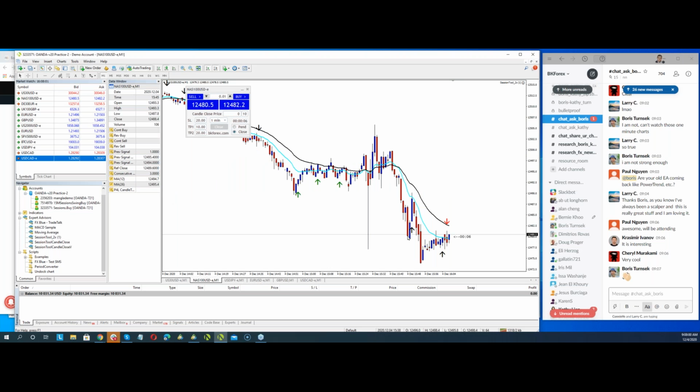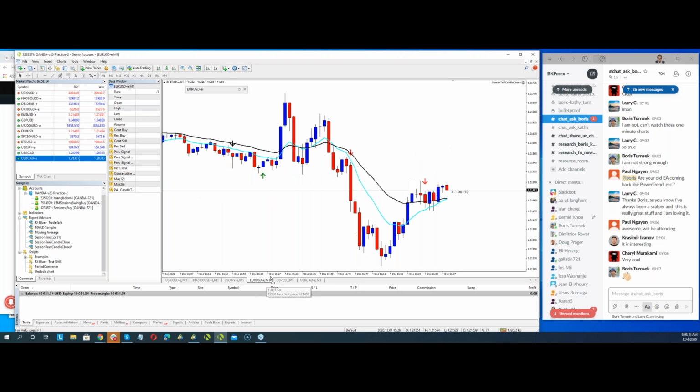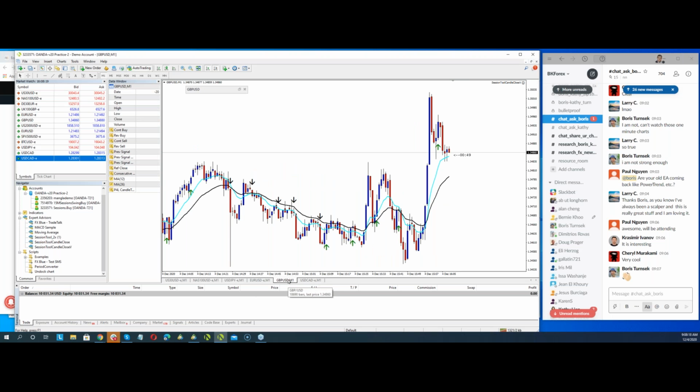Just wanted to see what was setting up over here on the NAS. Yen retraced a lot of this move here. Wow, yen was the trade to the upside. That's an interesting move. Euro did nothing, as I suspected. Cable kind of choppy.